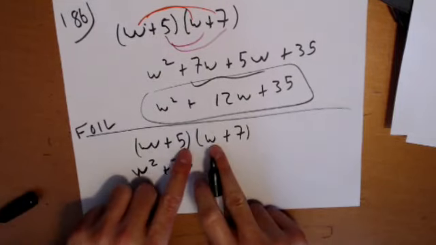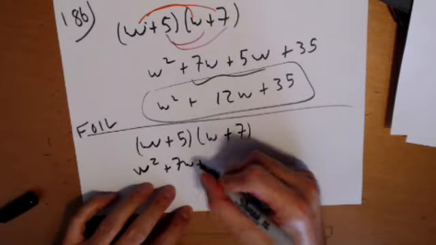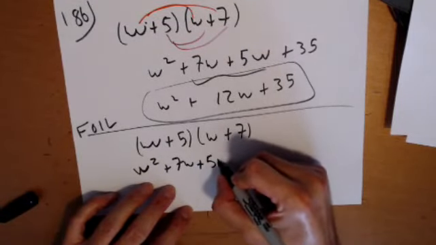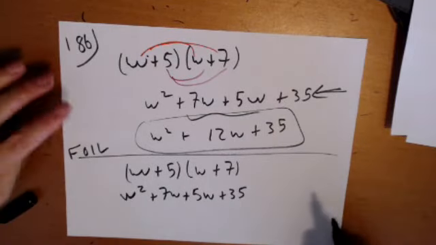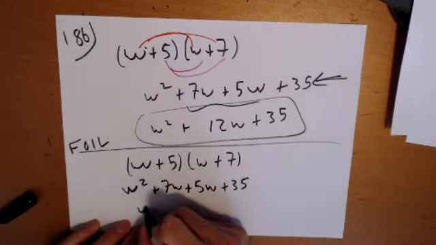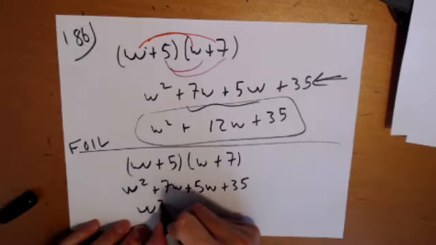The insides, the 5 and the w. And then the lasts, 5 and 7. FOIL. Oh, you mean the same thing I got up here when I just distributed? Yeah, so FOIL is just distributing. Why do they teach it as something new? I don't know. W squared plus 12w plus 35.